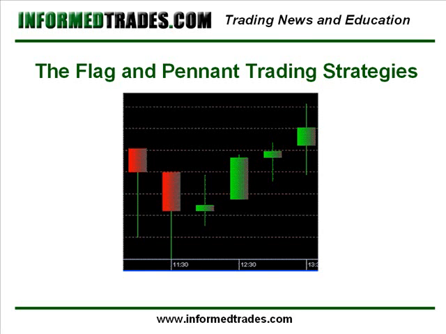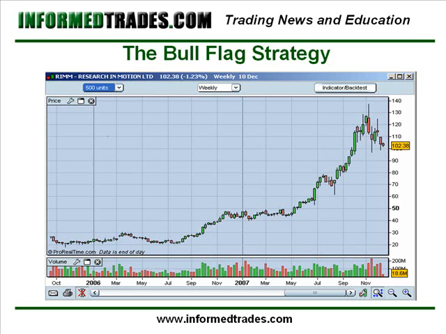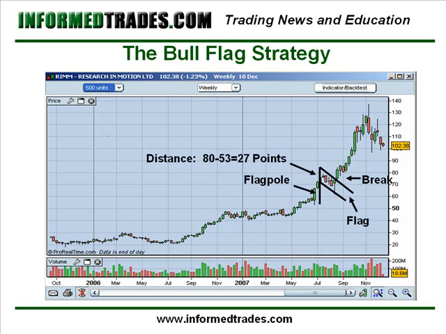All right, so let's look at an example here. We've got our chart of REM up from last lesson, and we have our bull flag there that we looked at in last lesson. All right, and we see the break here of the upper resistance line. So that's where we're going to look to get long. The target for the trade is then calculated by measuring the distance between the top of that pattern, or the top of the run-up, and the bottom of the run-up.